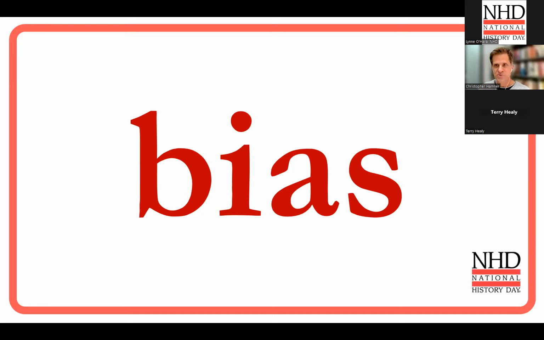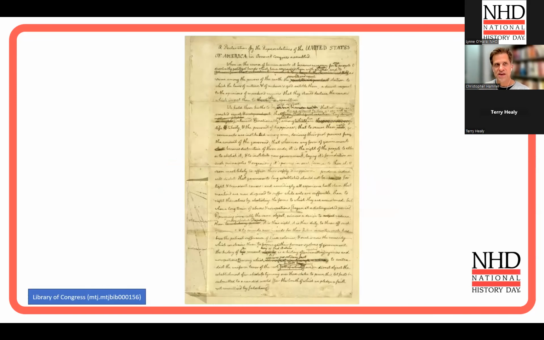And often I hear them say, well, I don't want to use that source because it's biased. We have to throw this out because it's biased. Or doesn't that person have a bias? And I find thinking about bias not particularly helpful as a historian. I prefer to have my students think about perspective instead.